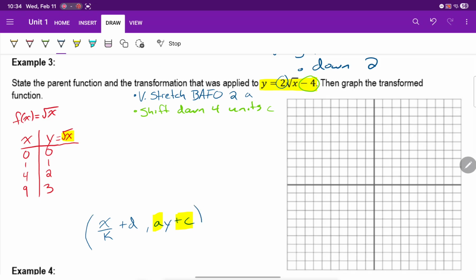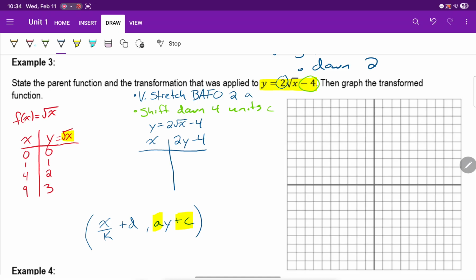And so I'm going to write that out in my new table of values, for my transformed function, which is y equals 2 root x minus 4. My x values are all going to remain the same because I have no k value or d value. And my y values are going to be 2y minus 4. That's that shift down of 4.